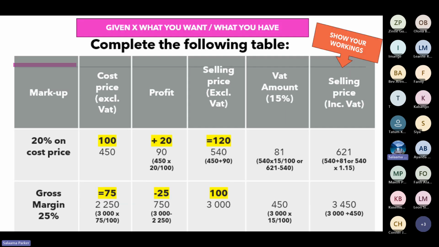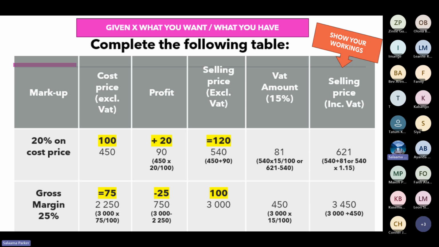So again, just remember the formula. When it says cost price, then your cost price equals 100. You add the profit markup and your selling price equals 120. And then remember, you're going to use the formula, the given multiplied by what you want, divided by what you have.